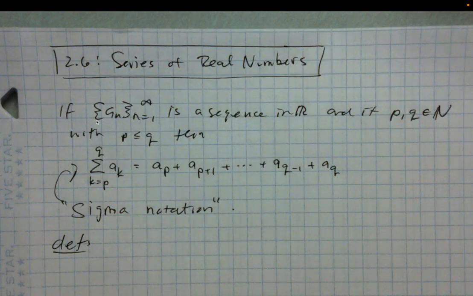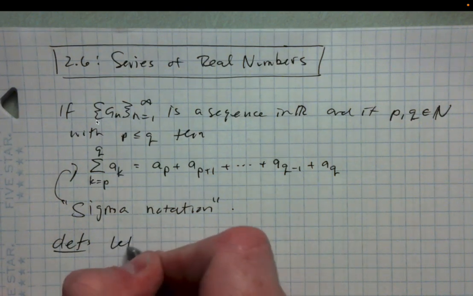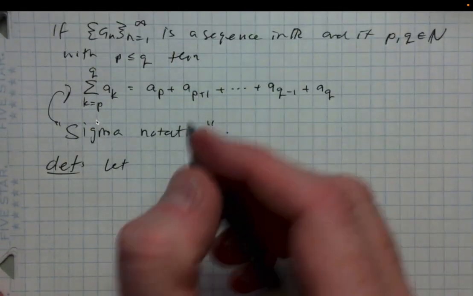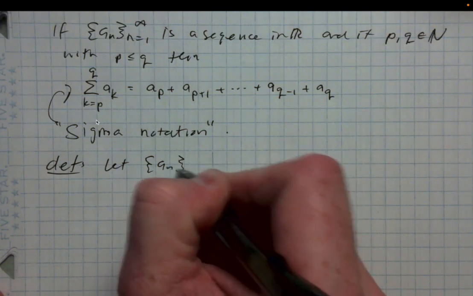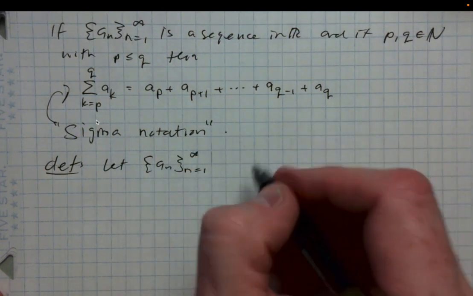We'll let a sub n from n equals 1 up to infinity be a sequence of real numbers.